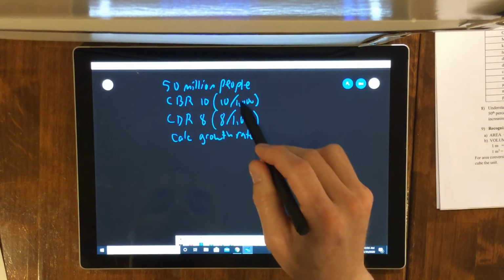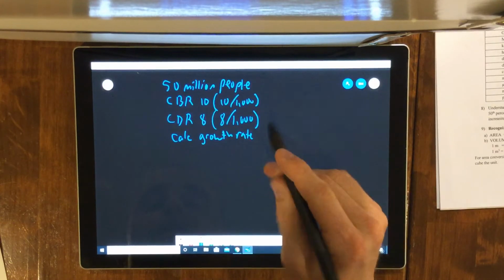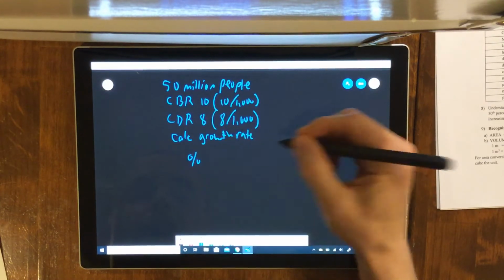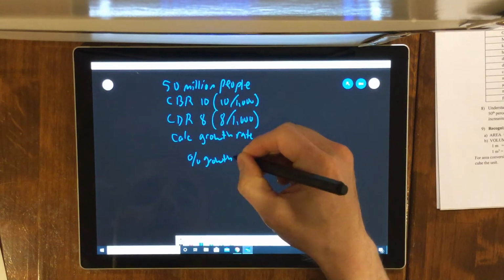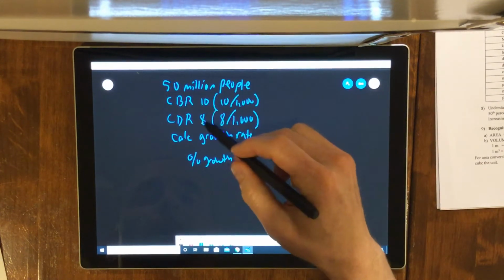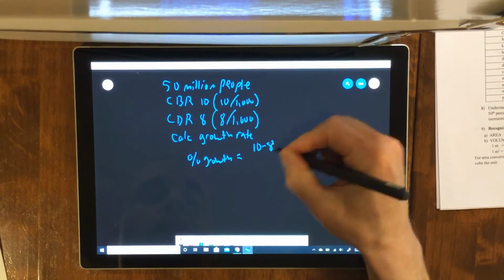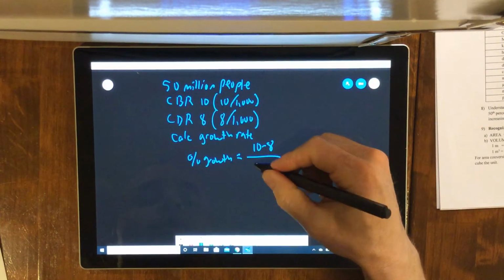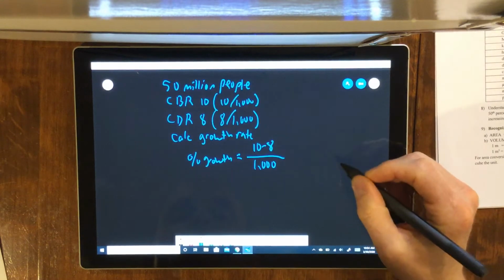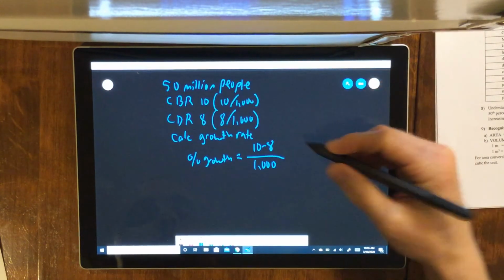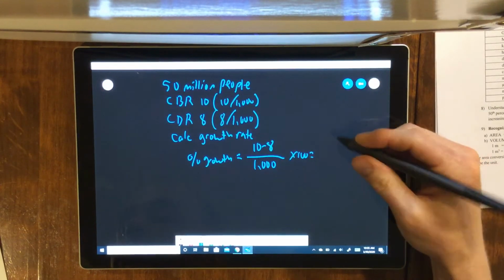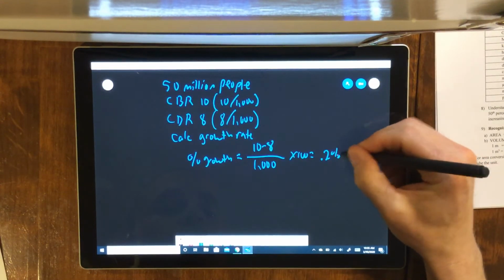You're just going to use 1,000 as the total population. So percent growth equals births minus deaths, 10 minus 8, divided by the total population, which is 1,000, because these are 10 and 8 out of 1,000. So 10 minus 8 over 1,000 times 100 is 0.2%.